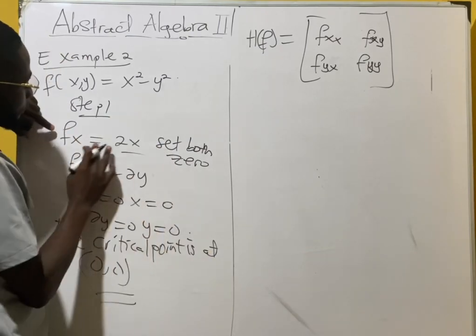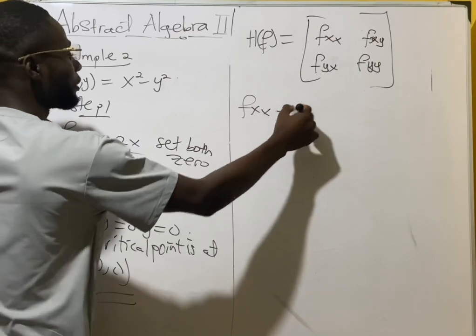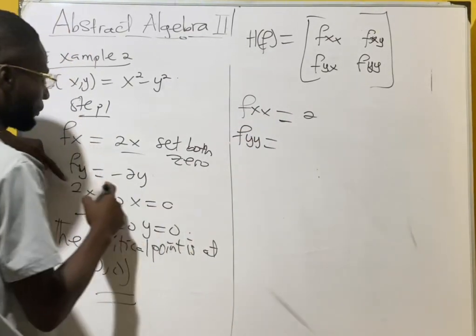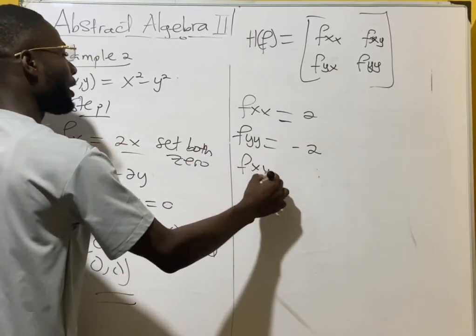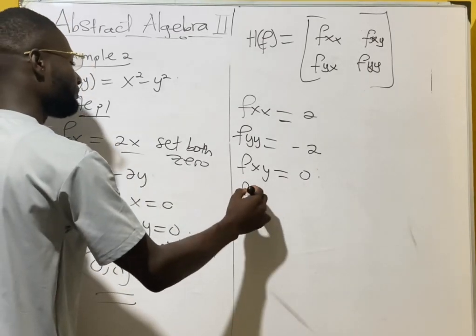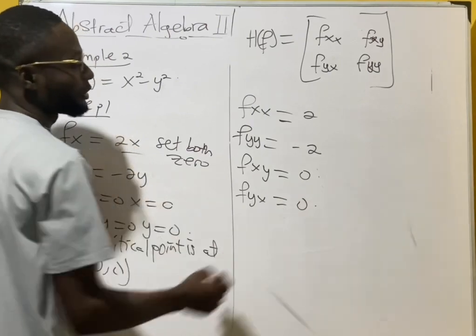From here, fxx will be equal to 2. Our fyy will be negative 2. Our fxy will be 0, and our fyx will be 0 as well.